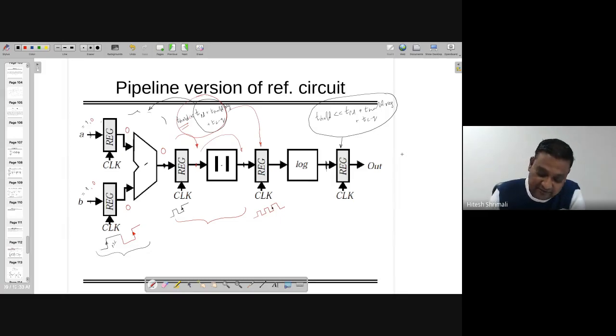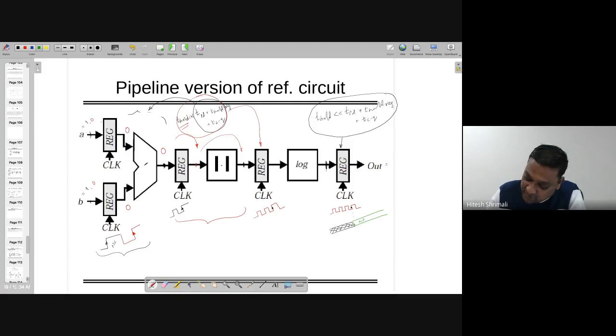However, this data will be transferred to the output when there is the fourth clock. When there is the fourth clock, output is available. Till the fourth clock, whatever output is there, it's invalid, right?